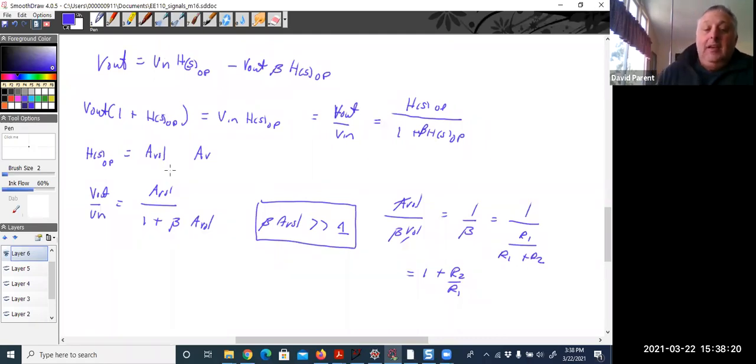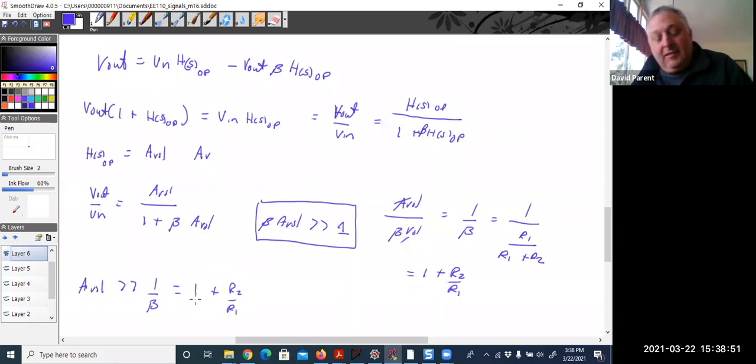All right. And so what's our maximum gain? Well, if beta times open loop gain has got to be much greater than 1, then the open loop gain has got to be much greater than 1 over beta, which would equal 1 plus R2 over R1, which is in fact the gain we were talking about.